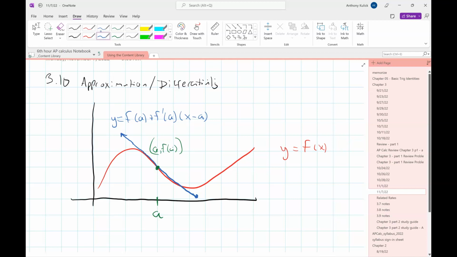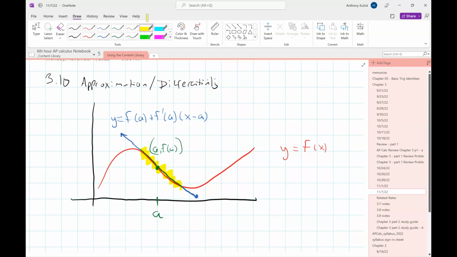Now, we can use that tangent line to approximate the values of f of x, at least in a neighborhood around that value a, right? So look, if I look relatively close to a, that tangent line is probably going to do a pretty good job of approximating what my function is doing.